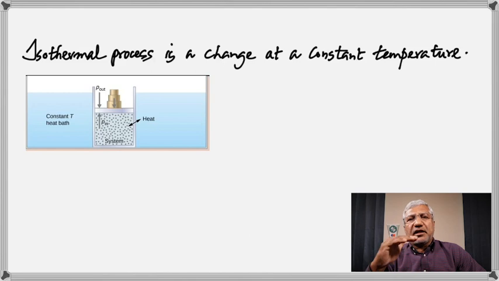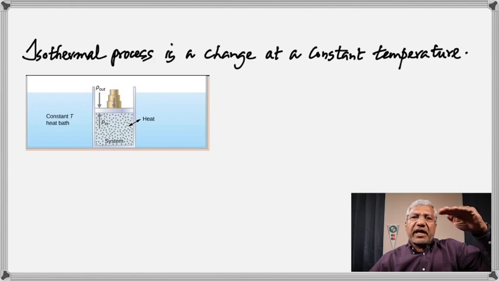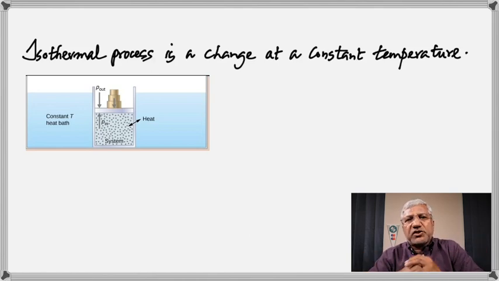Isothermal processes are extremely slow, which means when the gas is expanding, actually it's supposed to lose its internal energy, but that won't happen because it's expanding slowly. There is ample time for heat from the surroundings to come into the system. And that's why this is an isothermal change.